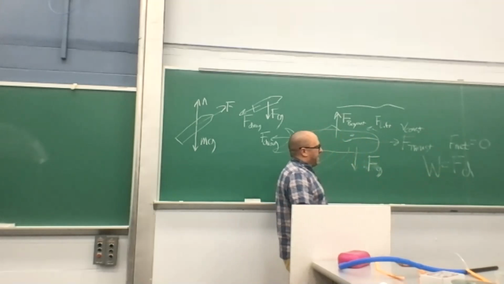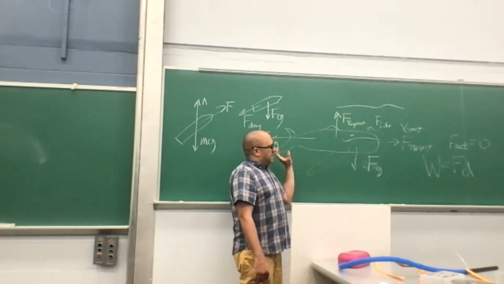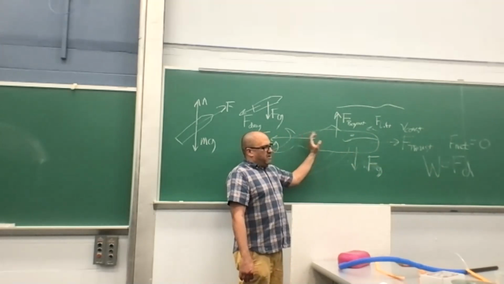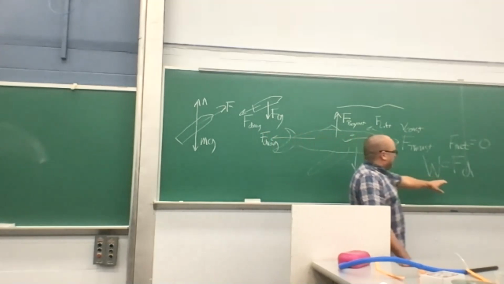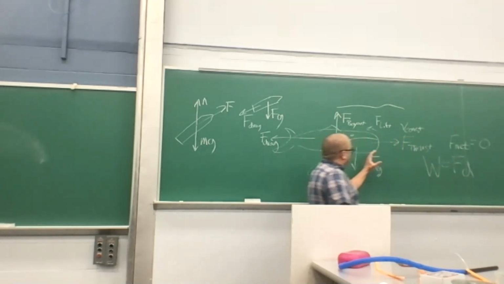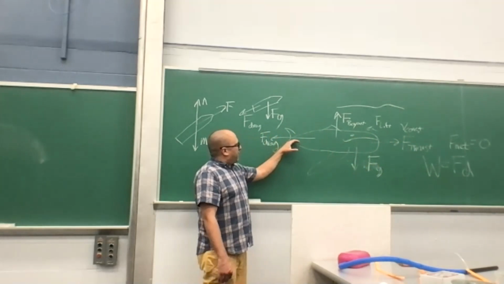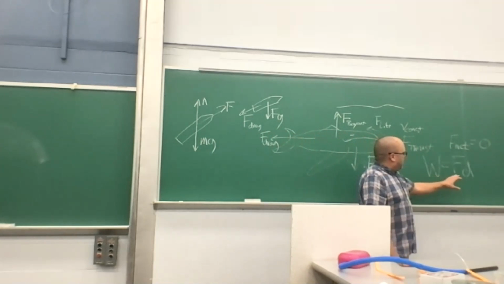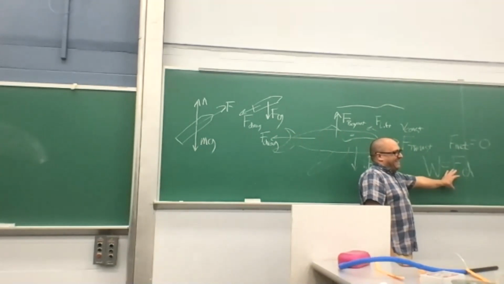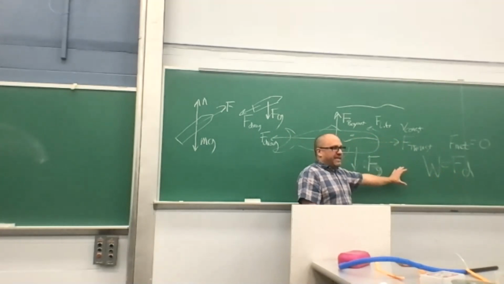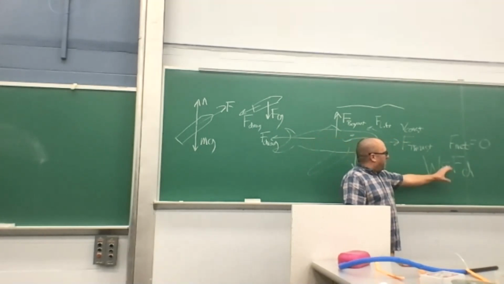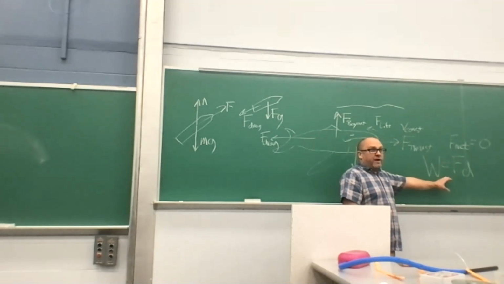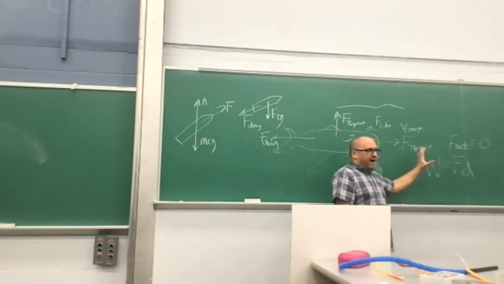So if we said the whale is going to swim from the North Pole to the equator, we have our distance here, and we also have the force of drag. And so we could calculate, which you will in a little while, how much energy the whale is going to need to go from Antarctica to the equator.